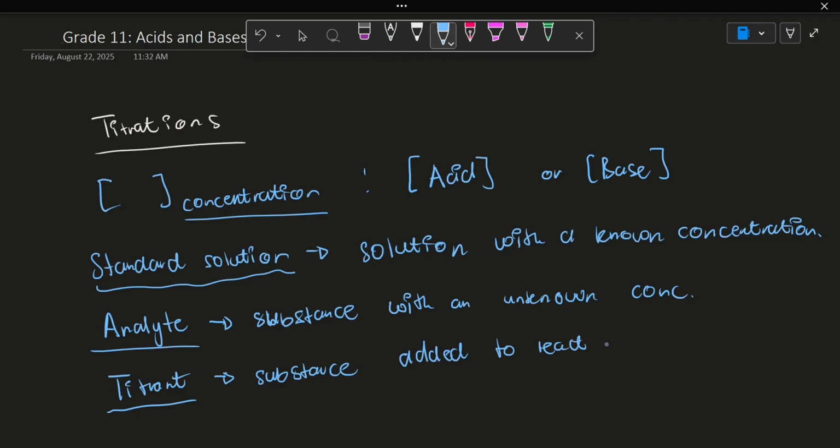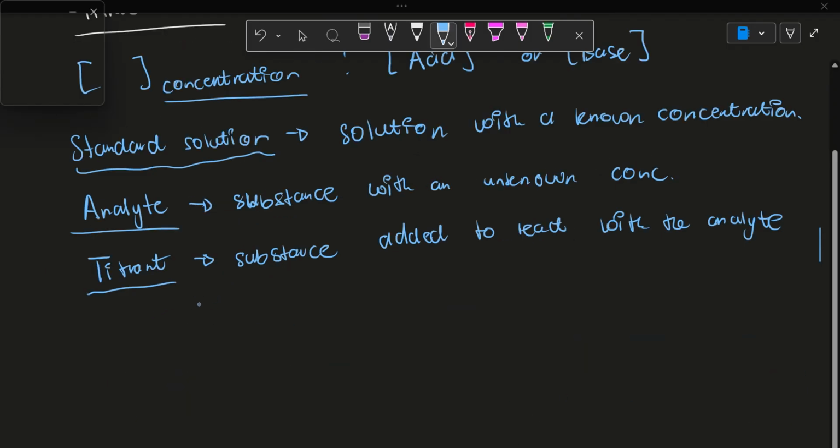And you should know that a titrant actually has a known concentration.